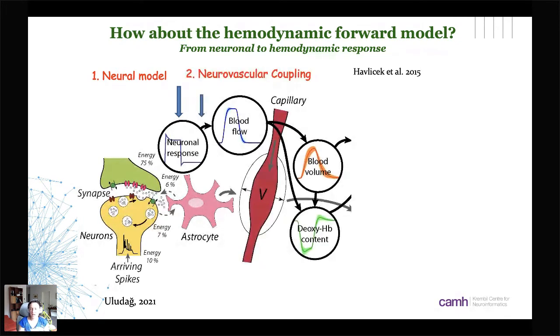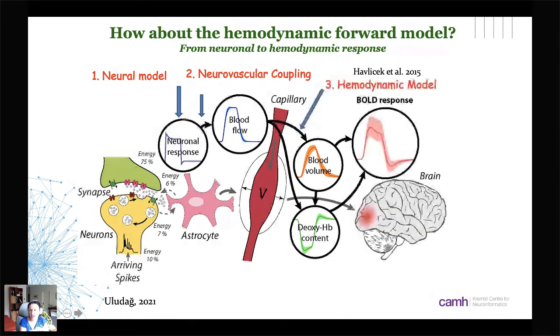Now, changes in blood inflow are accompanied by changes in blood outflow and changes in blood volume and deoxyhemoglobin content. The rate of blood outflow is influenced by the change in the blood volume.